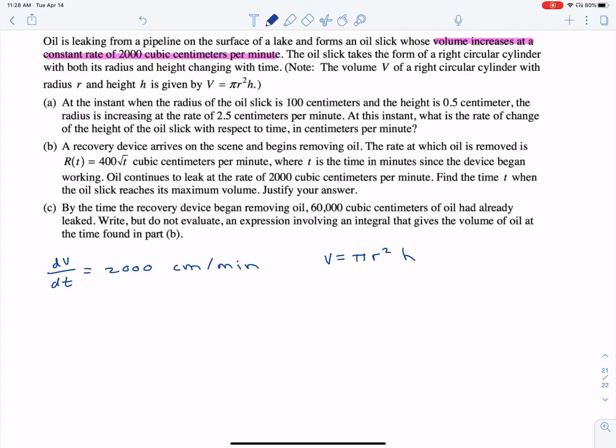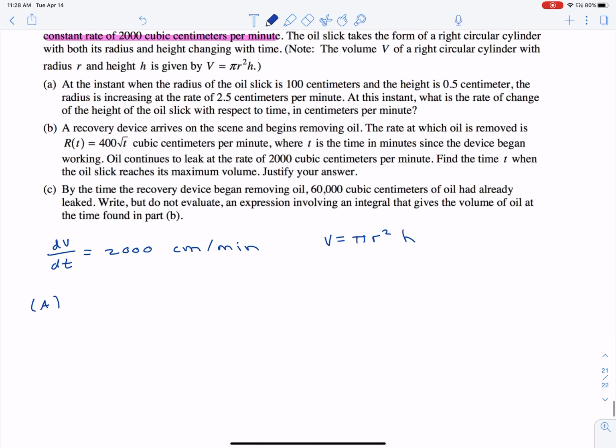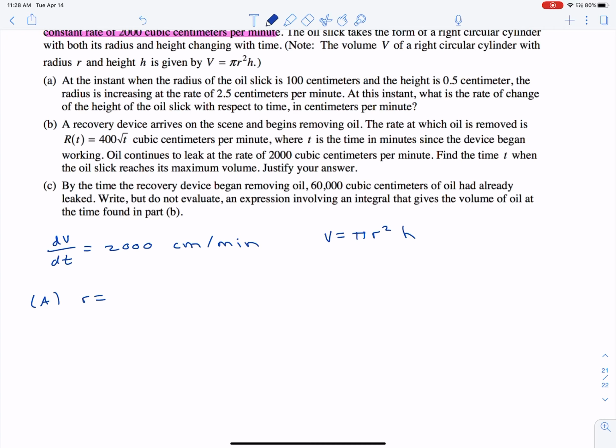Okay, let's move on to letter A. At the instant when the radius of the oil slick is 100 centimeters, so r equals 100, and the height h equals 0.5 centimeters, the radius is changing, so dr/dt is increasing, right?